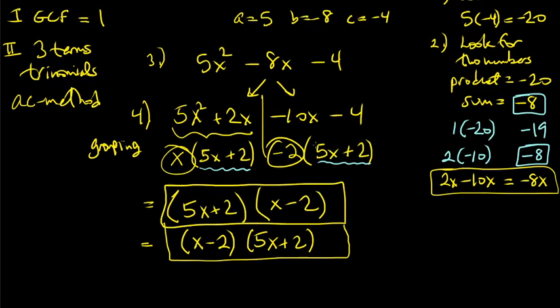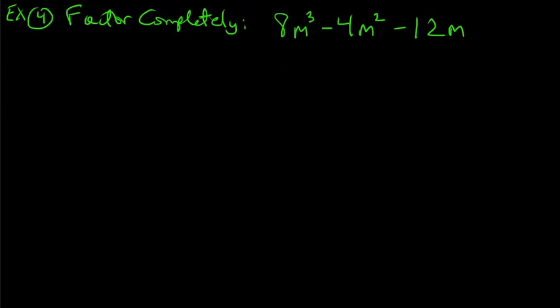Okay, let's keep going. Let's do a few more. We have 8m cubed minus 4m squared minus 12m. As always, let's look for the GCF.